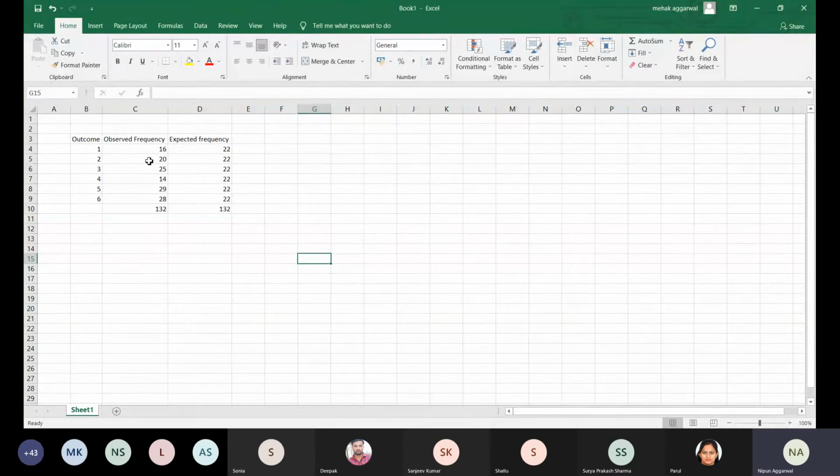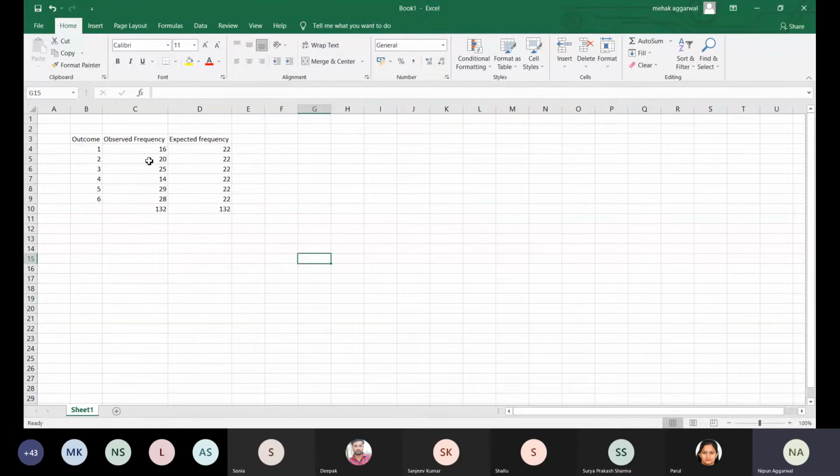But if I don't throw it and simply say I will throw 132 times, what will be the expected number of each outcome? Each outcome has equal probability to come because it is an unbiased dice.